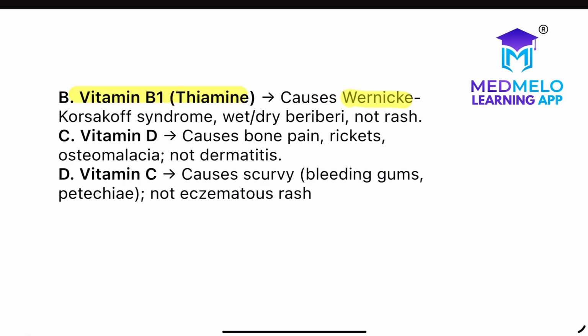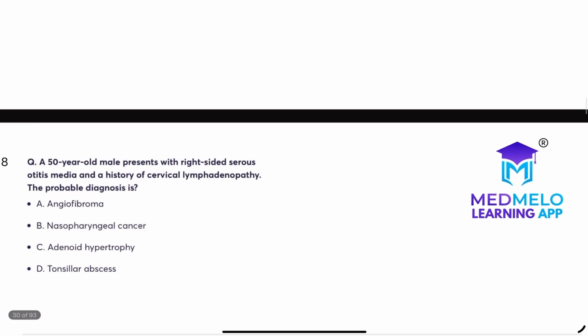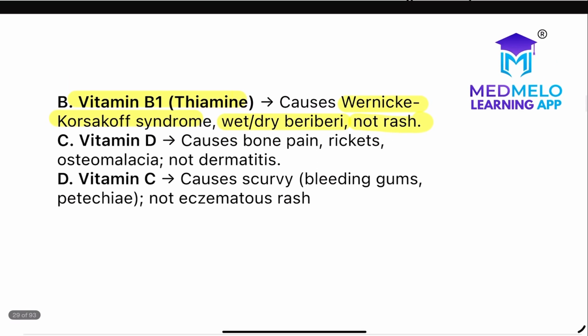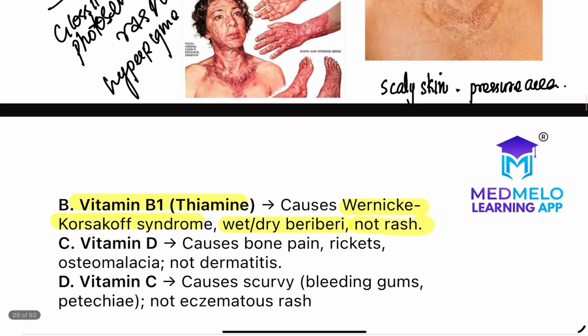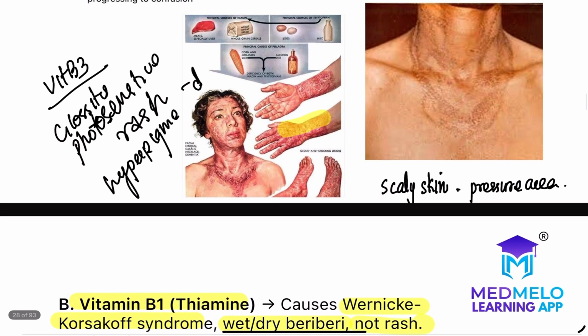It causes Wernicke-Korsakoff syndrome, that affects the nervous system, and wet and dry beriberi, and there will be no rash in vitamin B1. But in the question we had rashes in the neck and the dorsum of the hand.